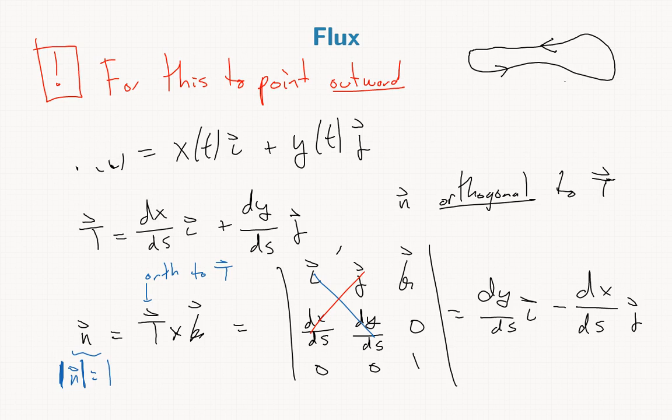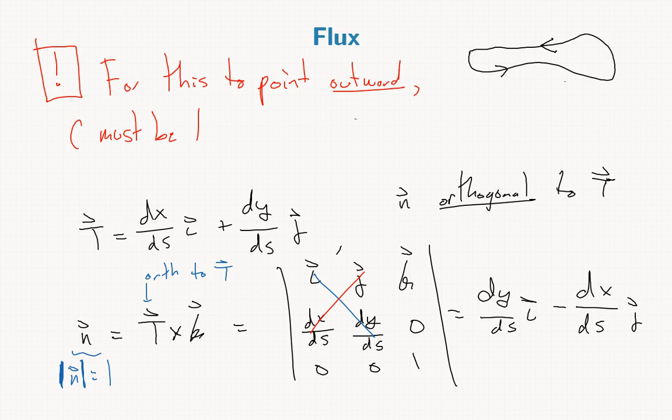So C must be traversed counterclockwise as t increases. So, for example, let's look at our tangent vector here. So here, this is just, let's say, negative i.